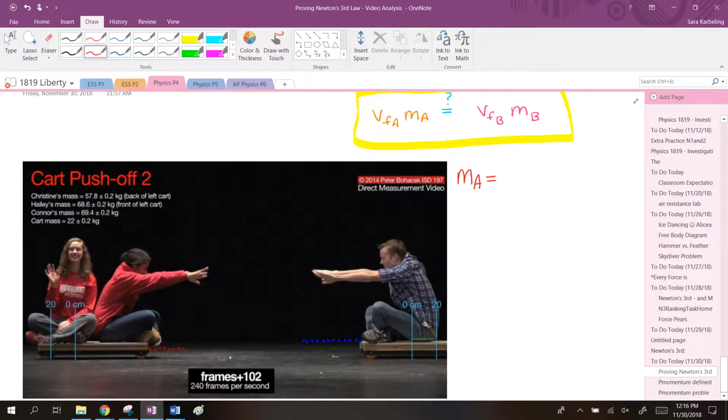All right, so we've got, it looks like 57.8 kilograms plus 68.6 kilograms plus 22 kilograms. So I need y'all to figure out real quick for me what the mass of A, the part A, which is the girls and their cart, what that adds up to.